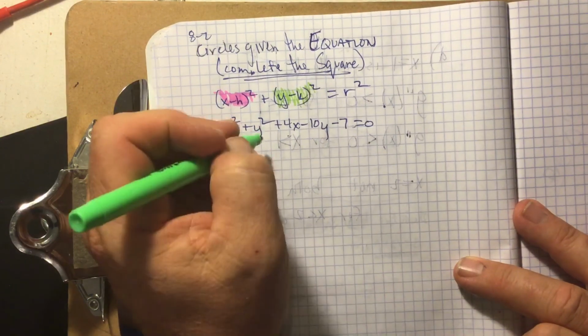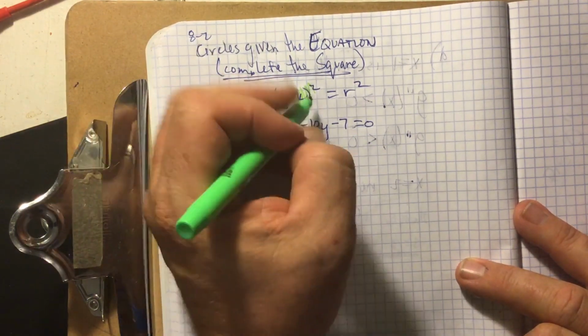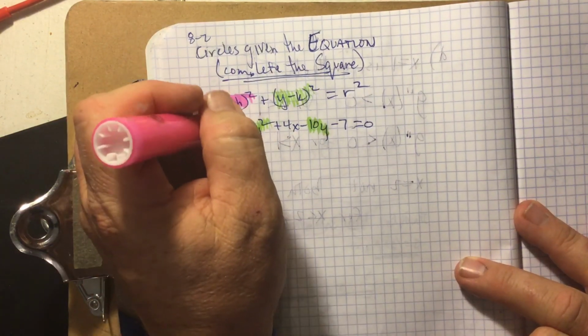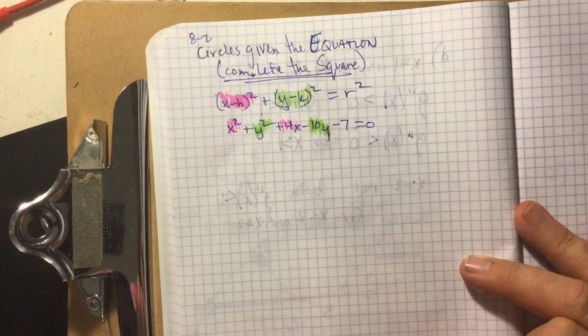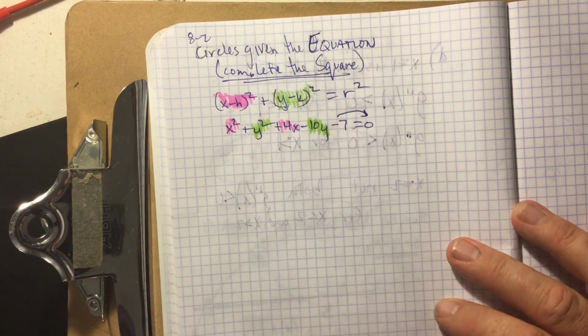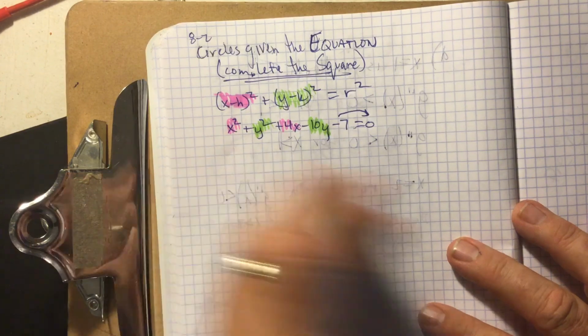So if we look at this, we need to combine these two. Okay, and we need to rearrange it so we can tackle those two there, and then we're just going to move c over there. So let's rewrite this then.